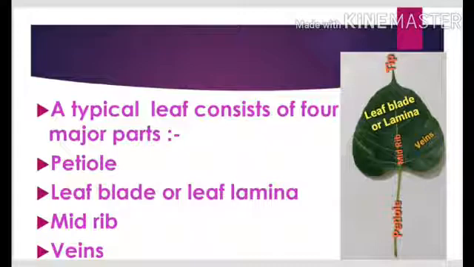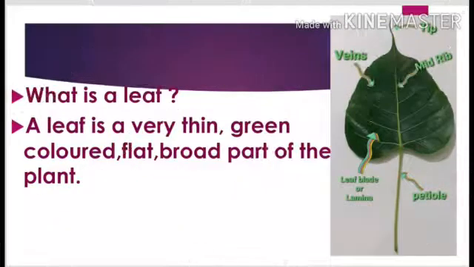Then what is leaf blade or lamina? The whole flat green part is known as leaf blade or lamina, and the midrib branches out into finer structures that are called the veins. How will you define the leaf? A leaf is a very thin, green colored, flat and broad part of the plant.